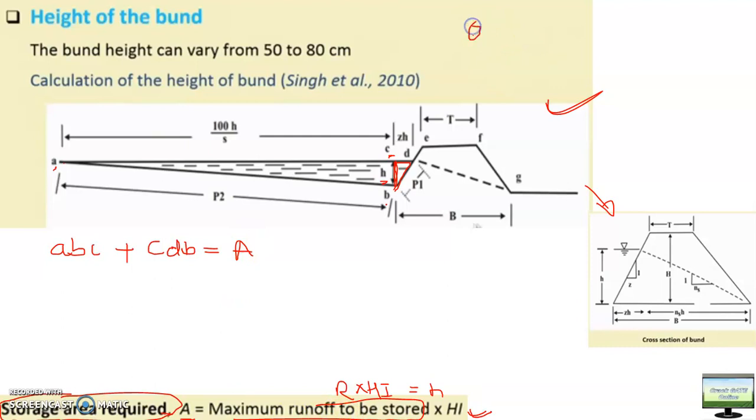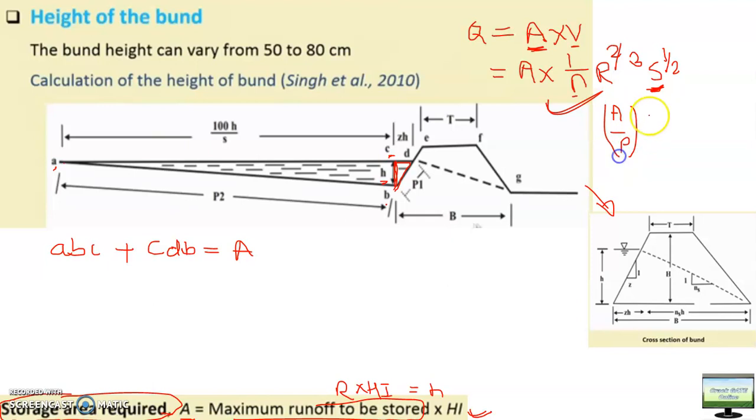You know one equation, that disposal of water is area into V. So you take this same area, and you calculate V using Manning's equation, V equals 1 by n, R to the power 2 by 3, S to the power 1 by 2. Here S is the longitudinal slope, n is Manning's roughness coefficient, and R is the hydraulic radius, A by P.